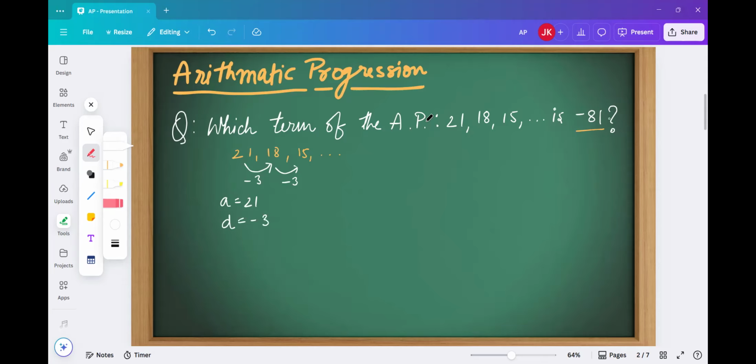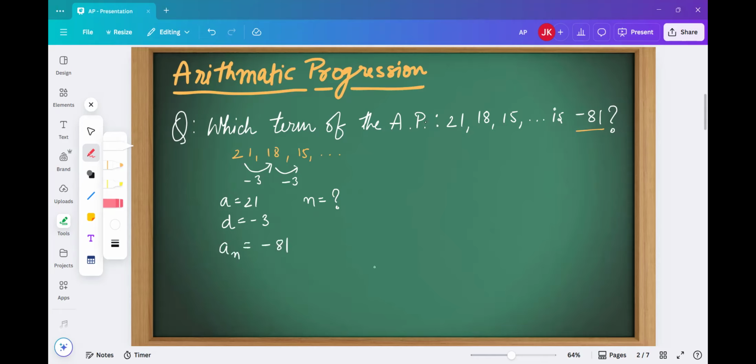And because I need to find this term, and I don't know which term this is, I need to find N. And I am given that this term is nothing but minus 81.